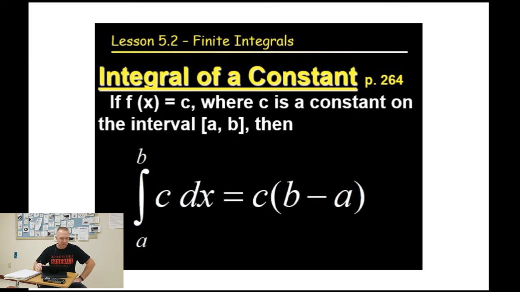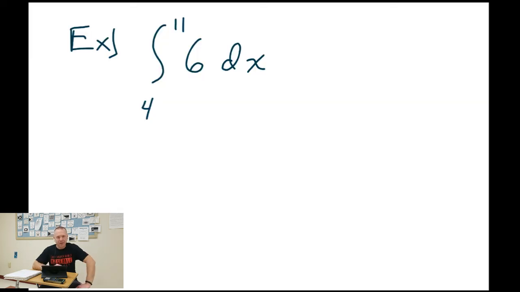Now, this little formula can be helpful for problems that involve a constant. And again, just to get the idea here, what we're saying is that you don't need to make a graph in order to do the integral of a constant. If you recognize that this is just a constant, you can simply take that 6, that constant, and multiply it by b minus a, multiply it by 11 minus 4.